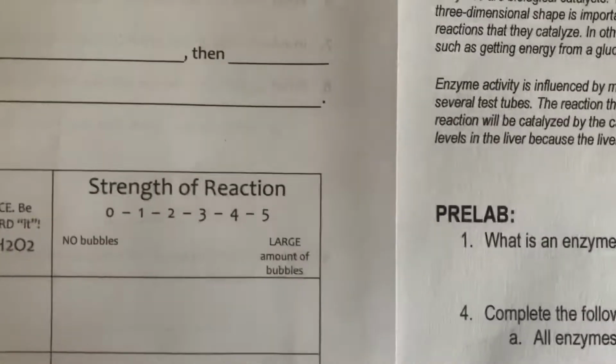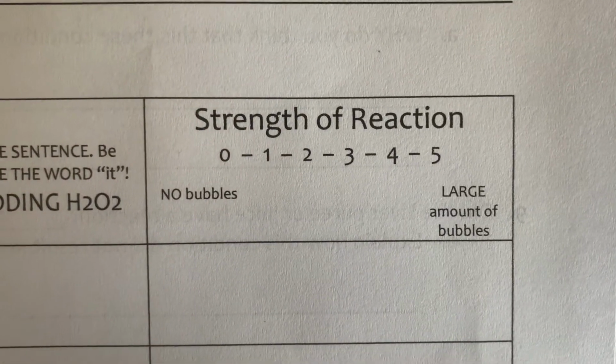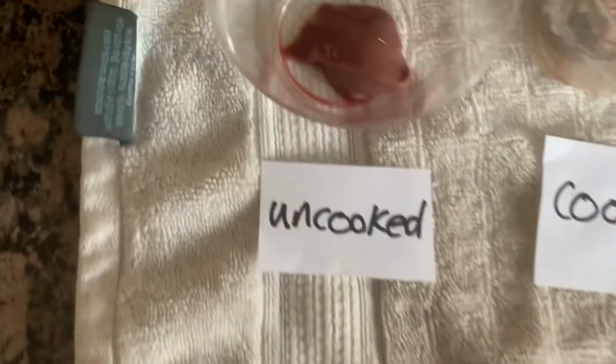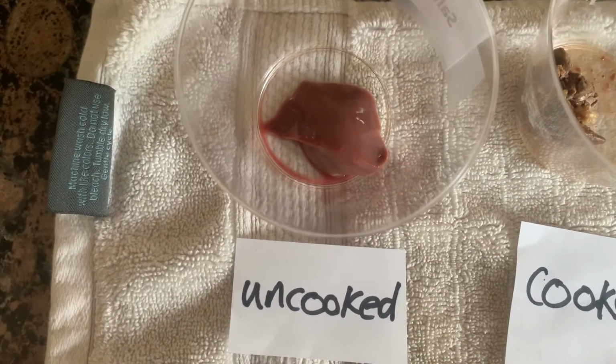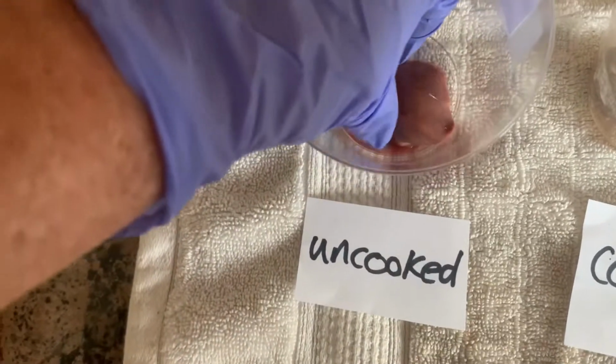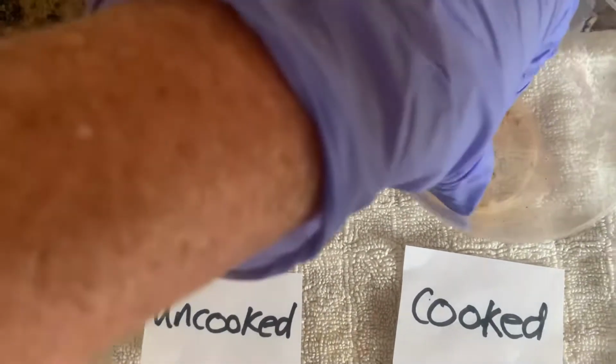And then it gives you the strength of the reaction, no bubbles or large amount of bubbles, on a scale of 0 to 5. So just take a look first of all before I added the hydrogen peroxide. That's the uncooked. Kind of look at the colour of it and maybe the texture, kind of shiny-ish. And then you look at the cooked one.